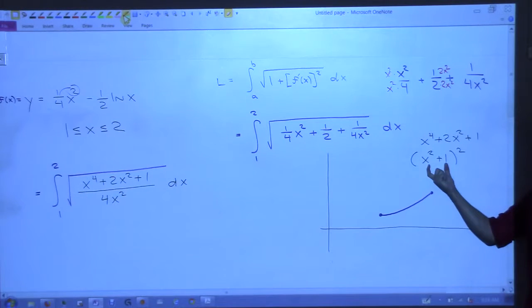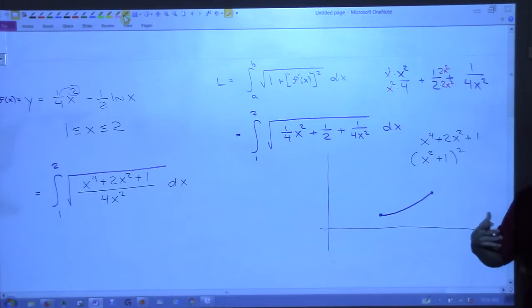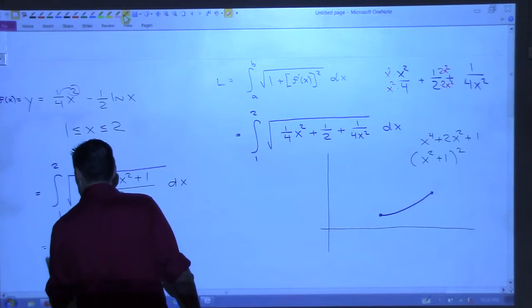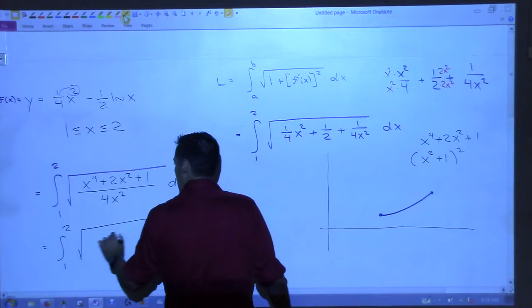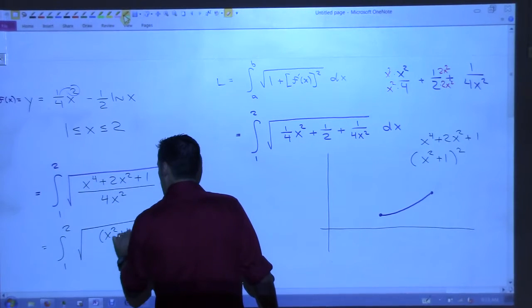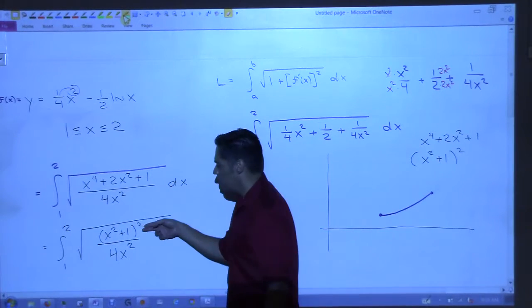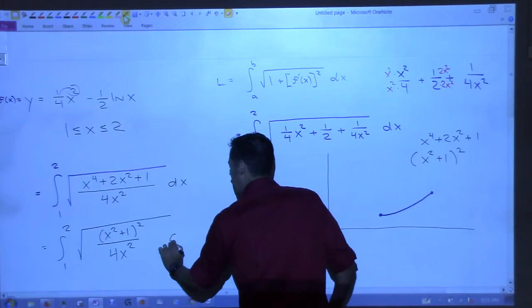So if you take x squared plus 1 and multiply it times itself, you would get this. And that's what I mean by the problems are made very nice for you, because at the next step, if I have x squared plus 1 on top, but then squared, and on the bottom I have 4x squared, then I can take the root of the top and bottom separately.